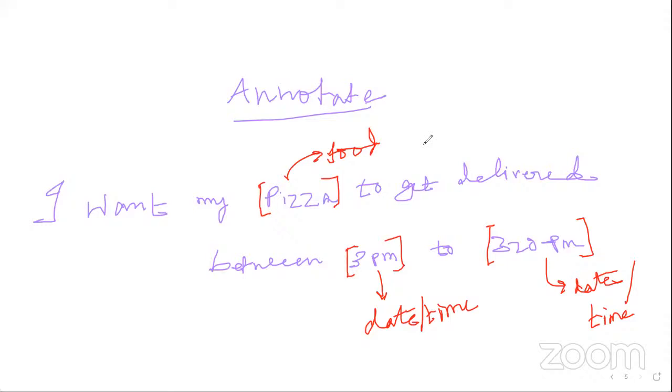And at the same time, I'm also saying that this entire sentence is an intent of track. So this is what we annotate for each and every sentence. We take the data and we annotate it, and there are two ways we annotate.